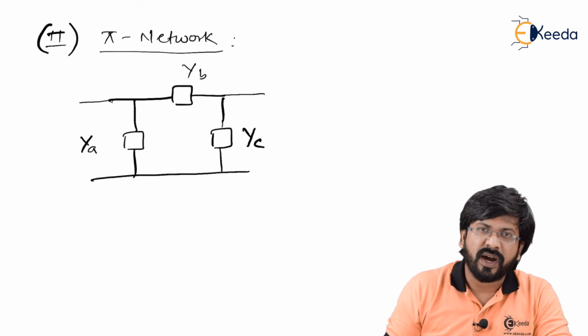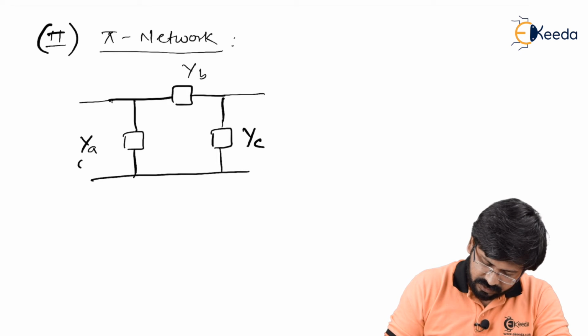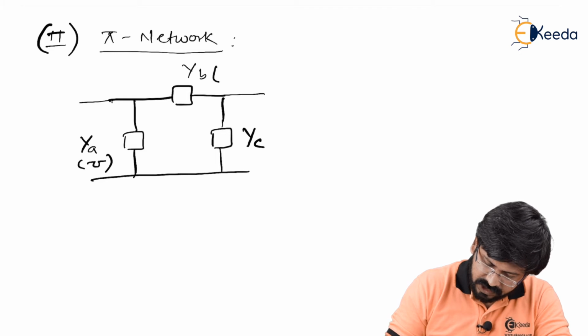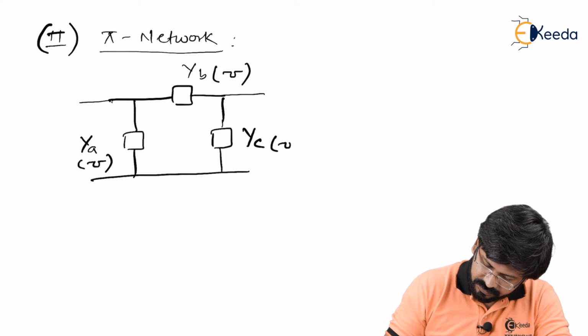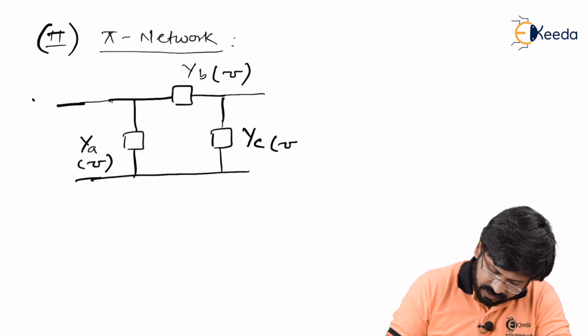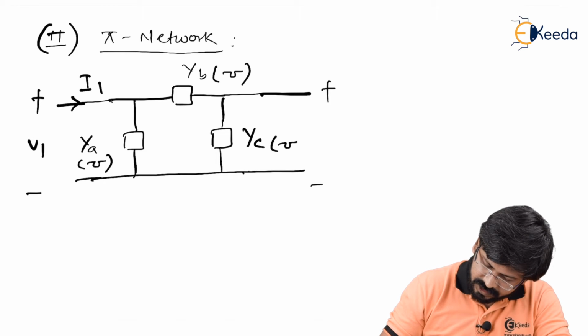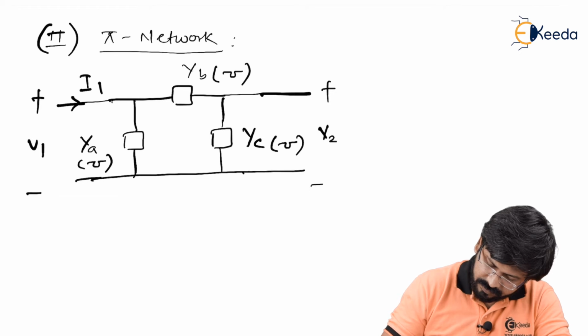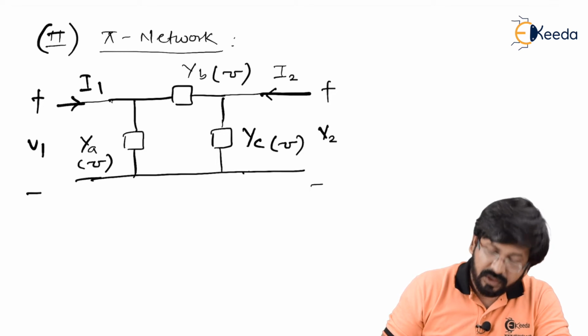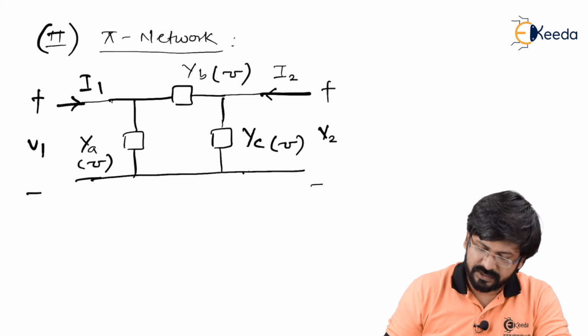You should understand Y means admittance, and admittance has the unit mho, M-H-O, which is the inverse of ohms. This is plus minus V1, I1. Again, this is plus minus V2 and this is I2. For this, we are supposed to calculate Y parameters.